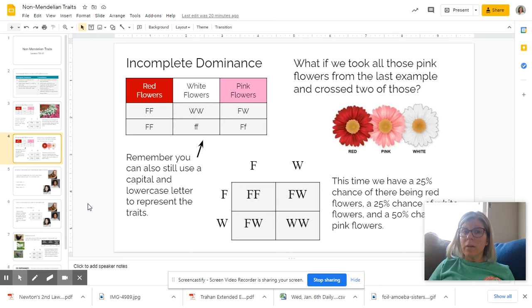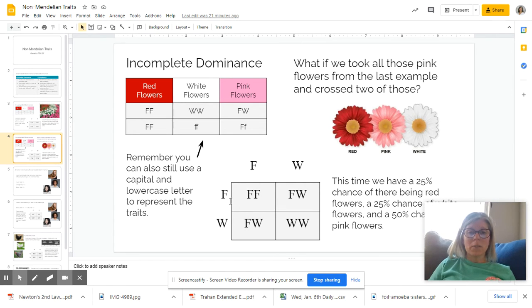If we look at incomplete dominance again, let's say this time we took all the pink flowers that we had from the first cross, and we decide to cross two of those pink flowers. So we have our pink flowers, which is represented by an F and a W, the heterozygous genotype, and we put the other pink flower here.